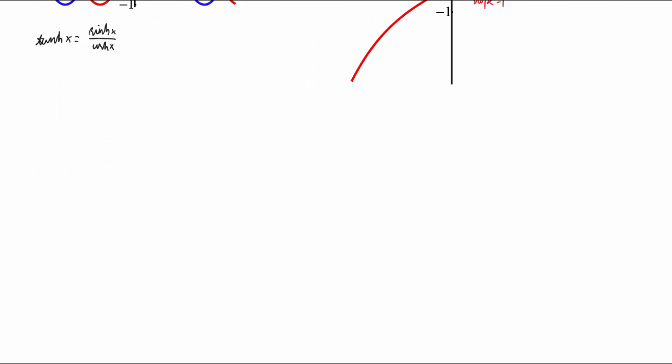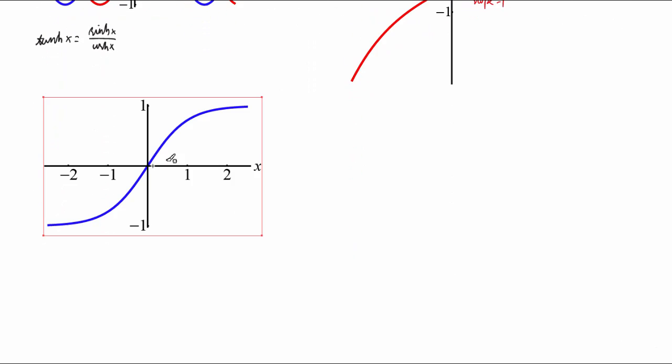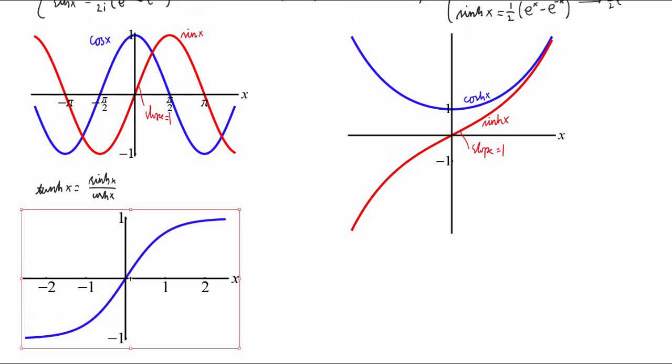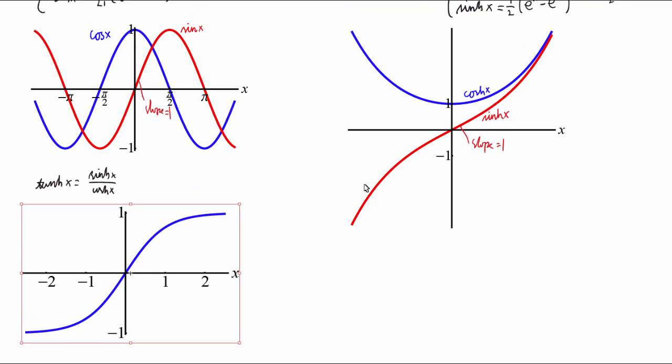And if you plot it, it looks like that. So you have here the slope of 1. And then for large values of x, large positive or negative values of x, tanh of x goes to 1.